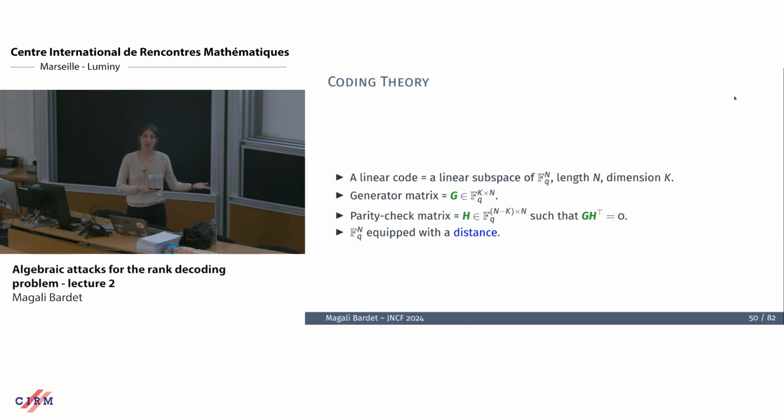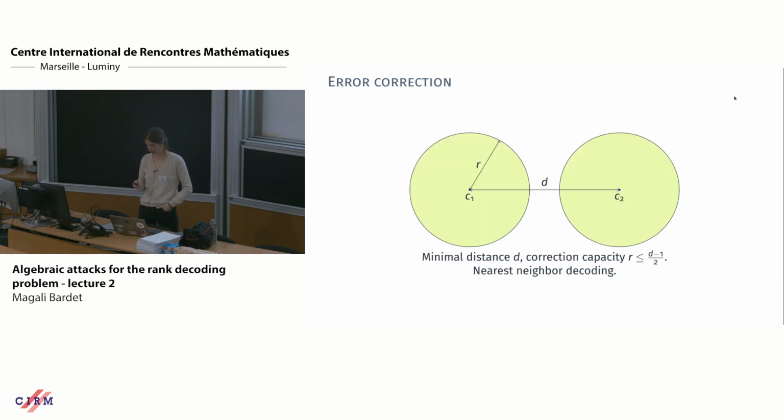So talking about the code or the dual is exactly the same. And in coding theory we have a vector space equipped with a distance, a metric, and we look at the distance between points in the vector space. We can compute some parameters, in particular the minimal distance of a linear code, which is the minimal distance between two code words.